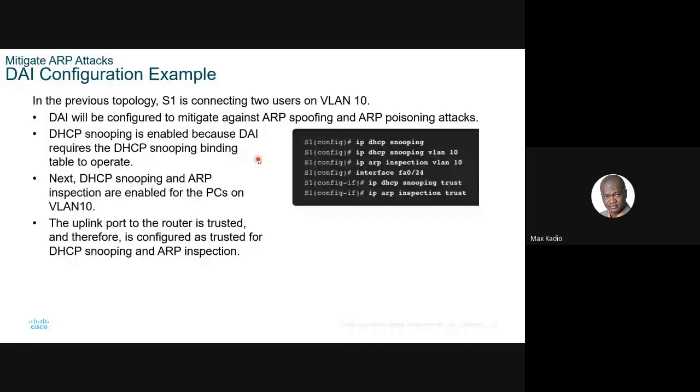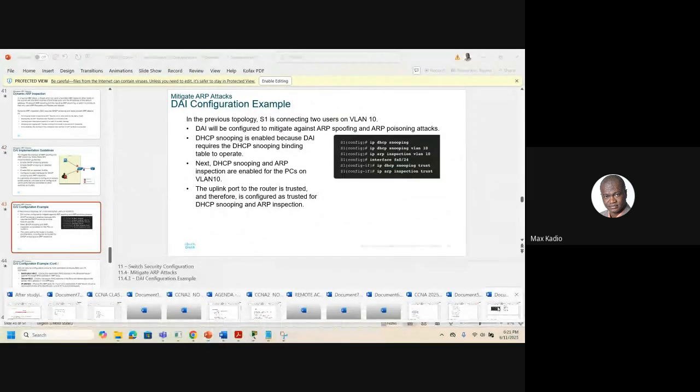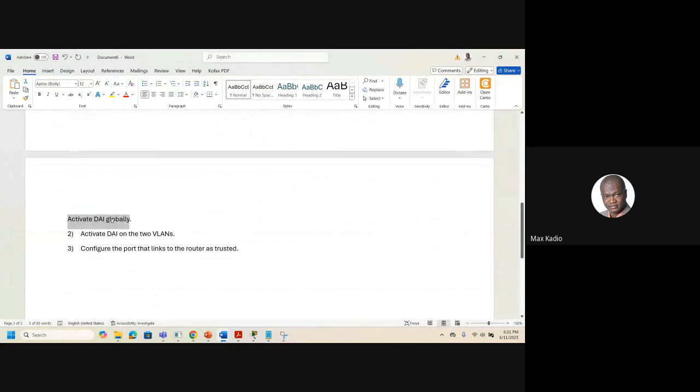Okay, so we're going to do the same thing. We're not going to create anything. So activate globally, it's done because we said we need DHCP snooping. Activate on the two VLANs.